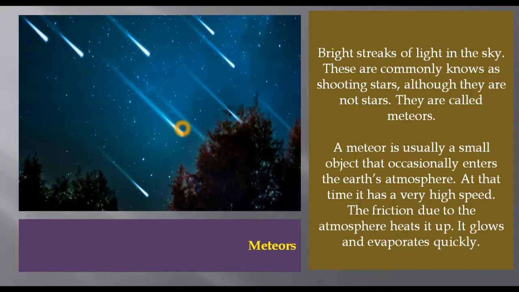So meteors are actually the celestial bodies from the sky which we see as a bright streak of light. You can see here in the picture, it seems like this. So we can see a meteor as a bright streak of light that flashes for a moment across the sky and then disappears within seconds. So meteors are commonly called shooting stars.